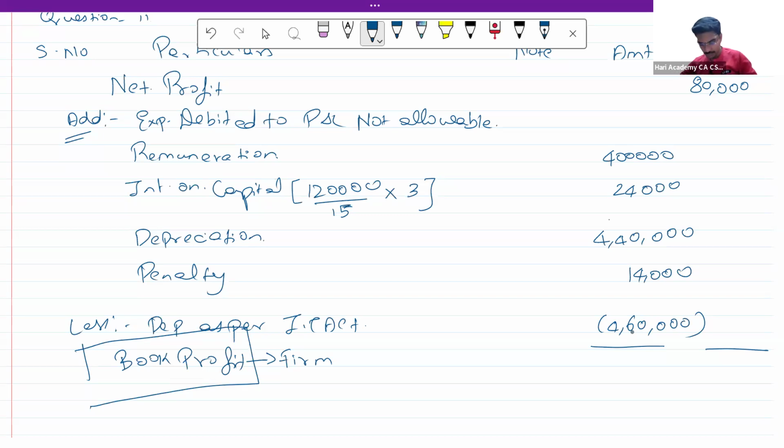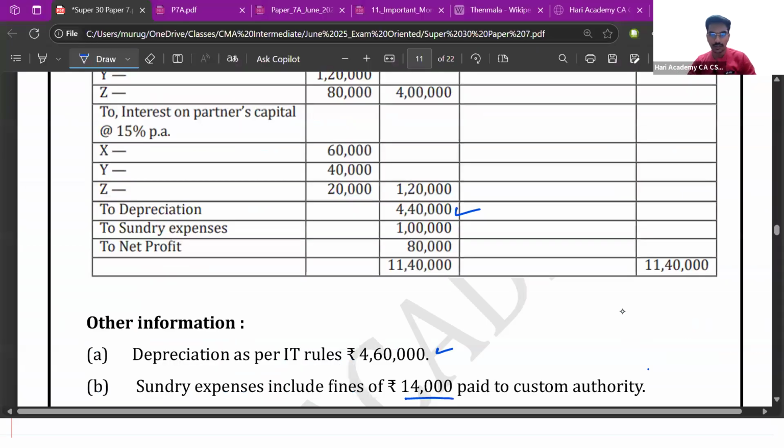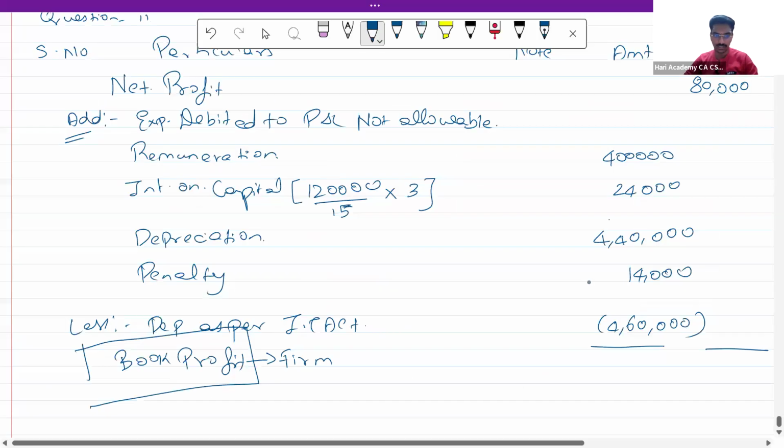80,000 plus 4 lakhs plus 4 lakhs 40,000 plus 14,000 plus 24,000, minus, then you have to remove this interest also.